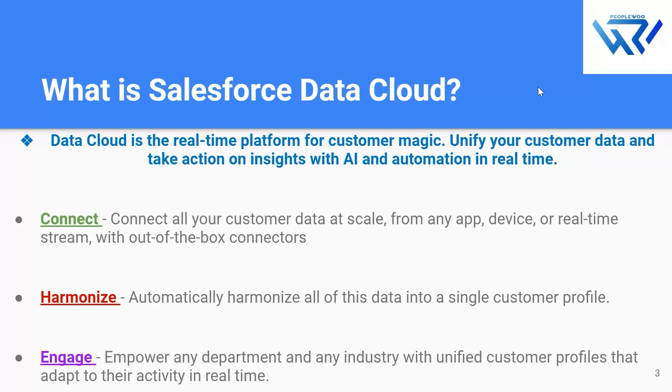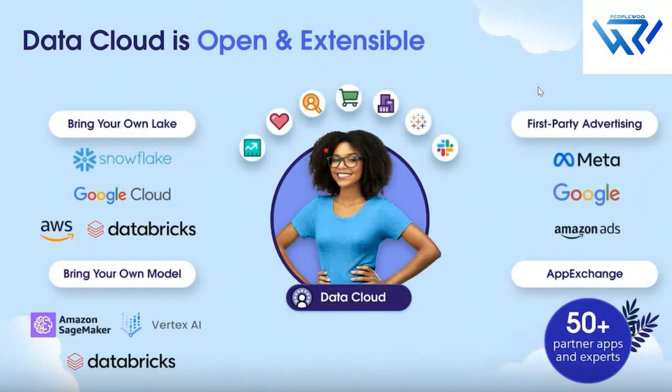Instead of sending emails, SMS, and push notifications to six different IDs, we would have only one ID, which is the most used and engaged ID of that customer, to send a targeted communication. So Engage helps any department and any industry with unified customer profiles that adapt to their activity in real time. So that is the power of Salesforce Data Cloud.